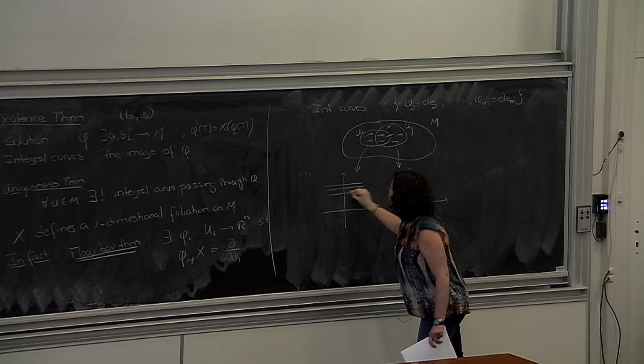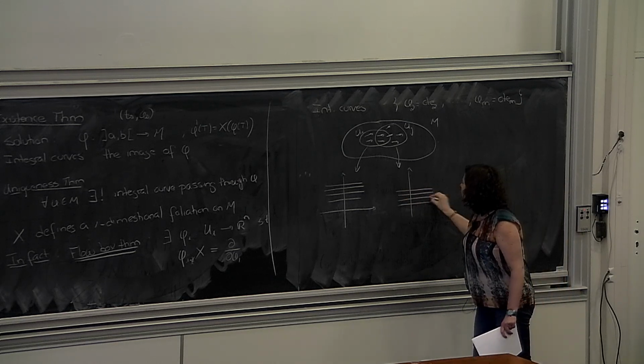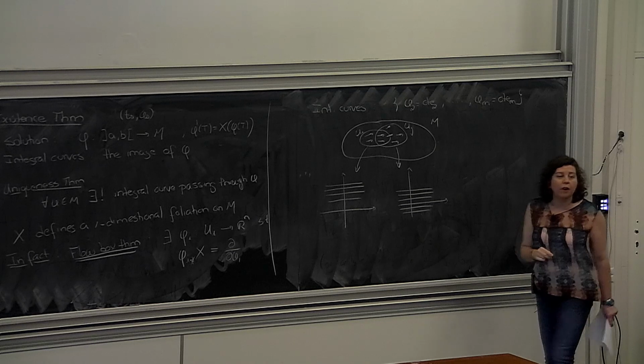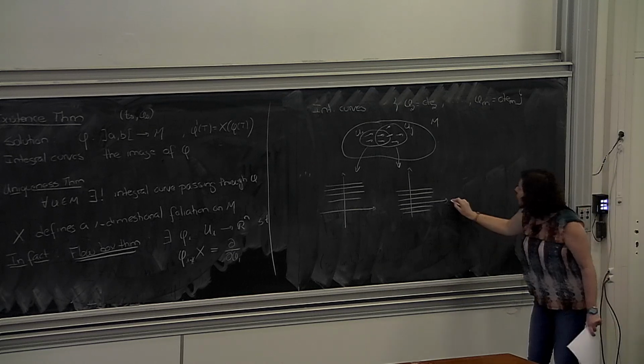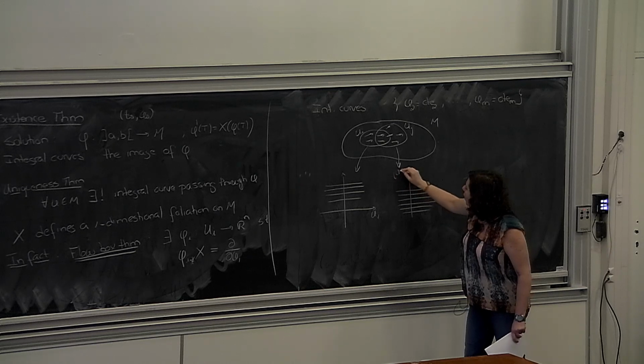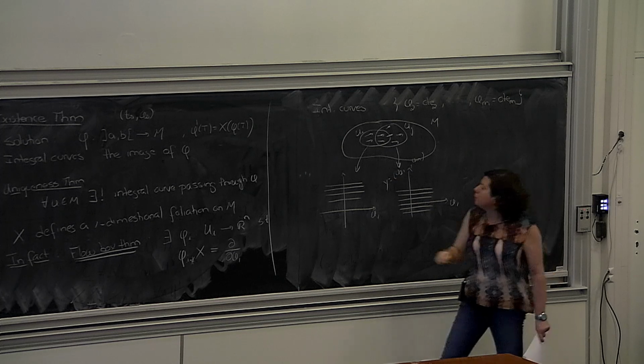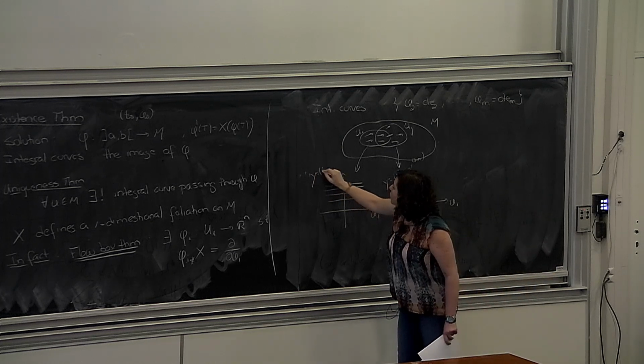So the integral curves of these horizontal vector fields are contained in the horizontal hyperplanes. So I have here x1, and x2 up to xm, which I will denote by y.